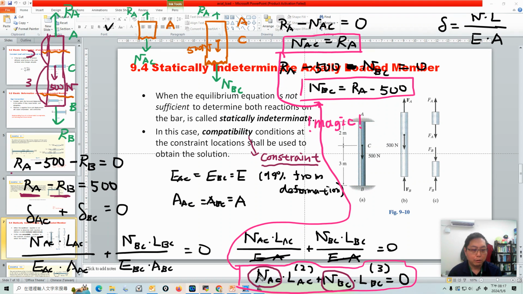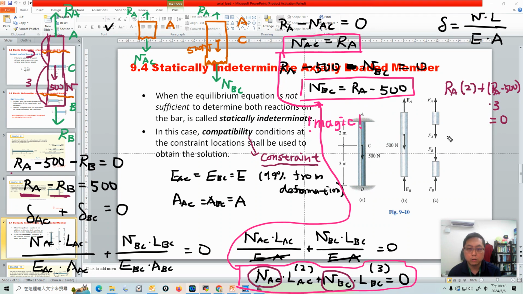Okay, so what do we have? NAC equals RA, times 2, and NBC is equal to RA minus 500, so plus RA minus 500 times 3 equals 0.